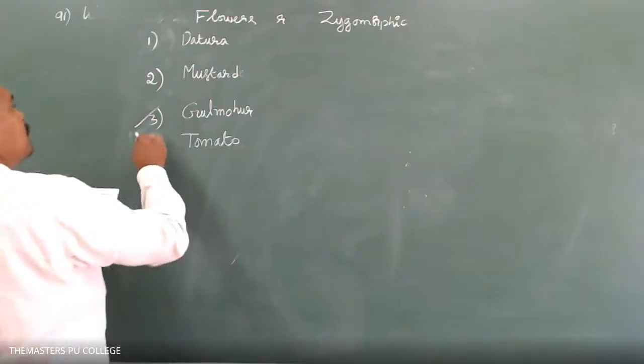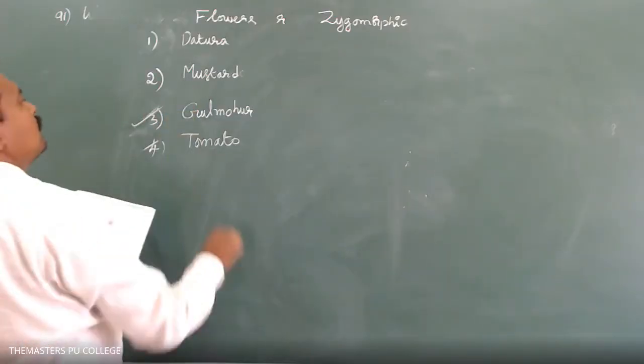Option 3, gulmohar. Very good. Flowers are zygomorphic in option 3.